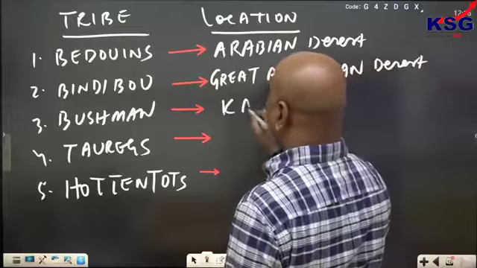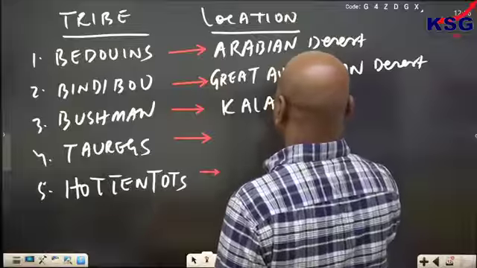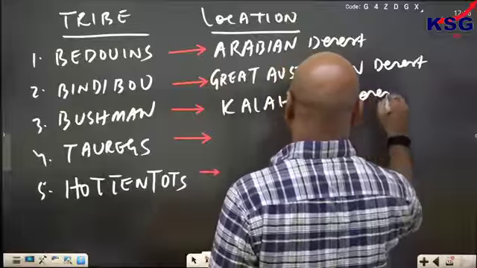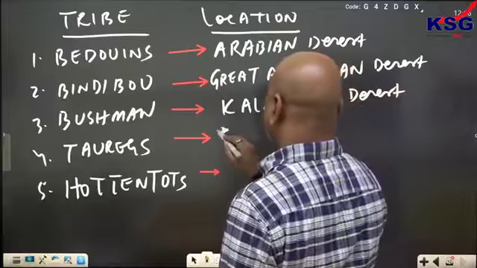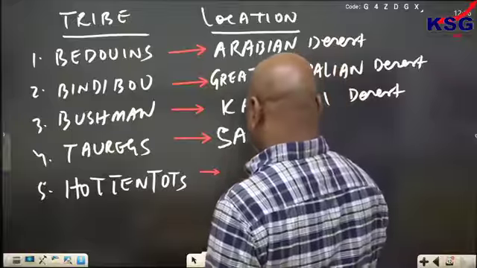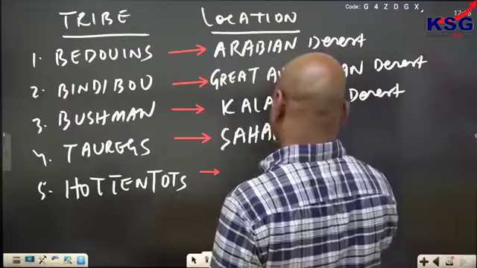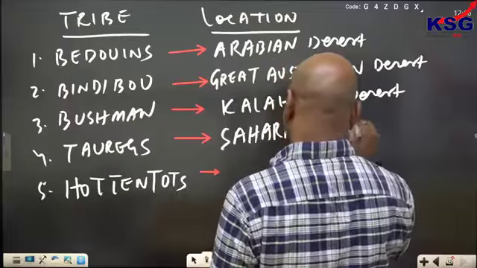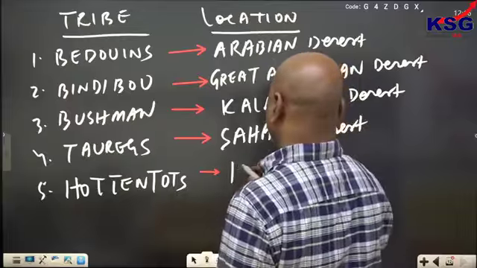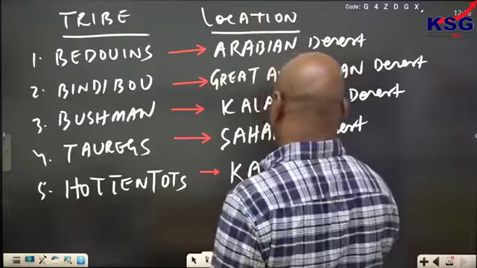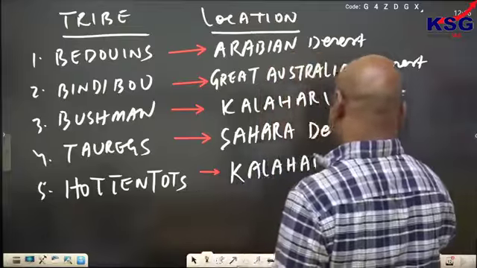Bushmen are in the Kalahari desert, and Thorax in the Sahara desert. Hottentots are also in the Kalahari Desert.